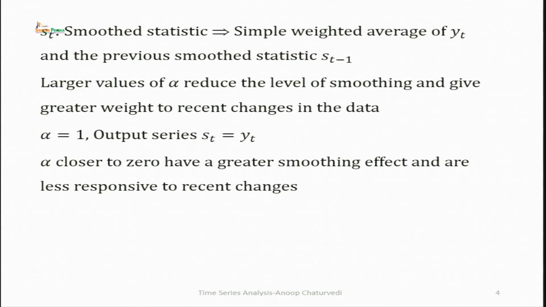But the smoothed series is less responsive to recent changes. The role of the current observation y_t decreases in defining s_t.